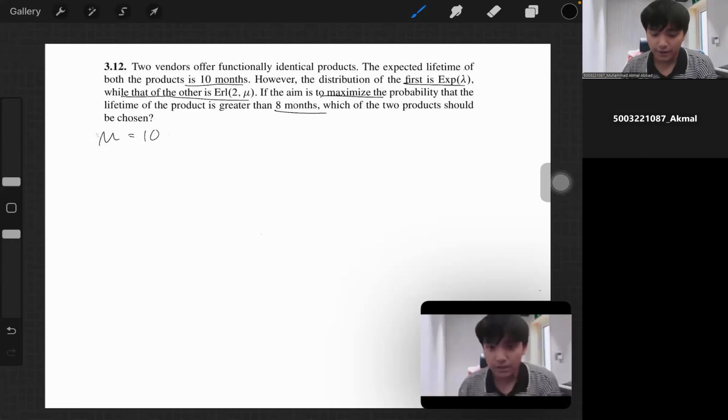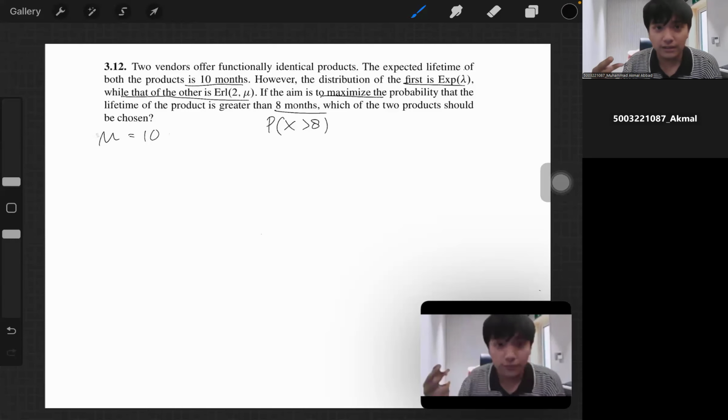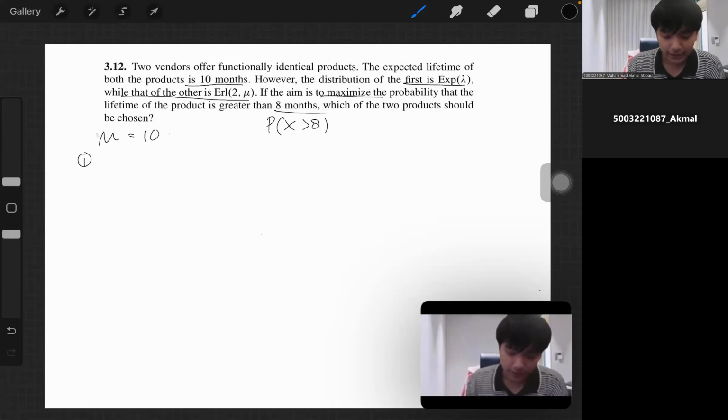So the first step is we want to calculate the lambda for every distribution, or we can calculate the probability that x is greater than 8 for the two products.